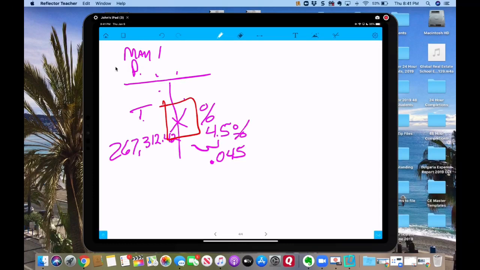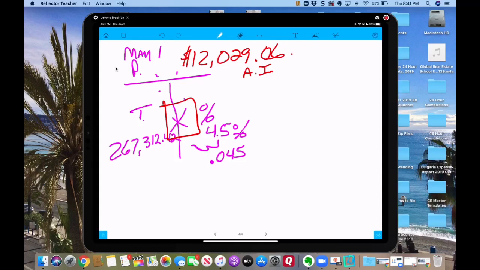So when I multiply the new May 1st loan balance times 0.045, I get $12,029.06, and this is our annual interest.